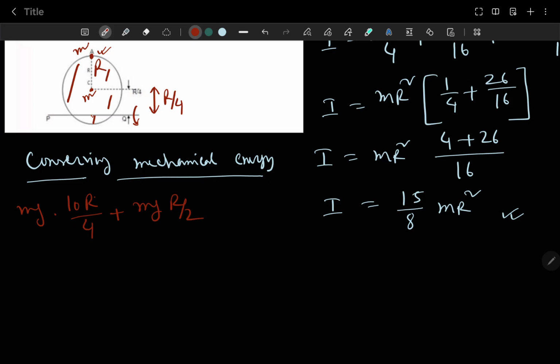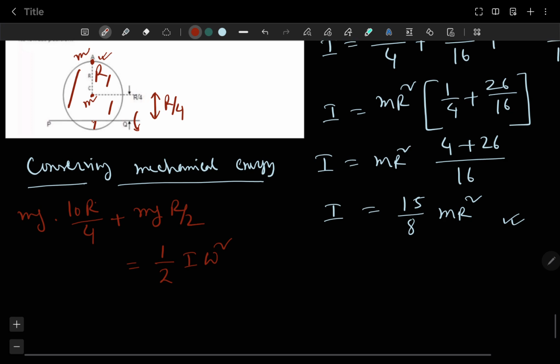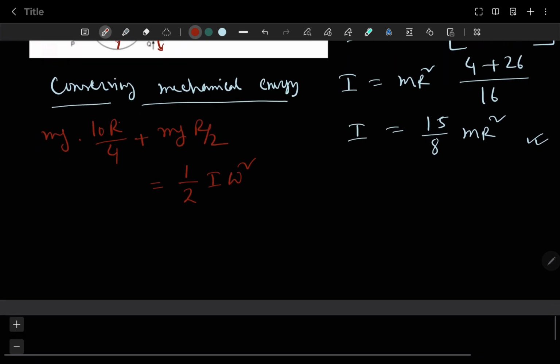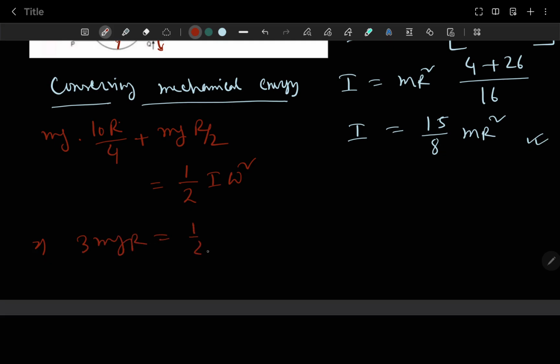This change in potential energy will be converted into the kinetic energy. The kinetic energy can be written as half I omega square, the rotational kinetic energy. So we will have 5 mgr by 2 plus mgr by 2, that is 3 mgr, and this will be half into 15 by 8 m r square omega square.